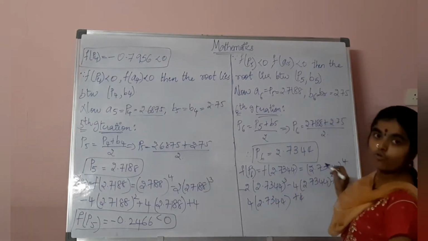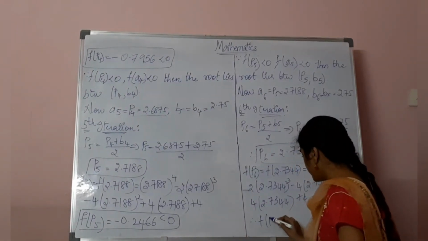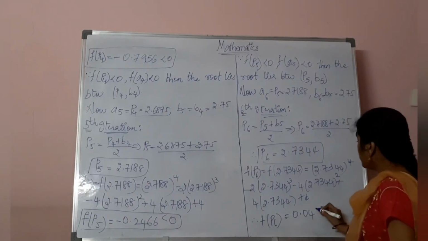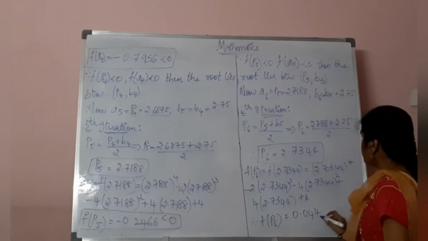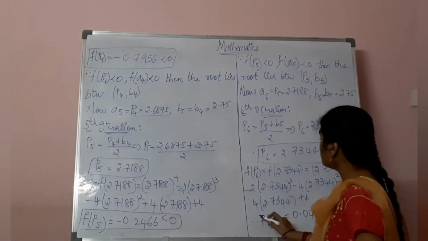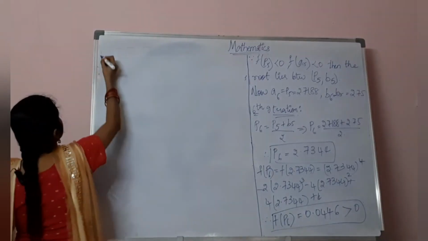After calculating this whole equation, we are getting 0.0446, which is greater than 0. So f of P6 is greater than 0.